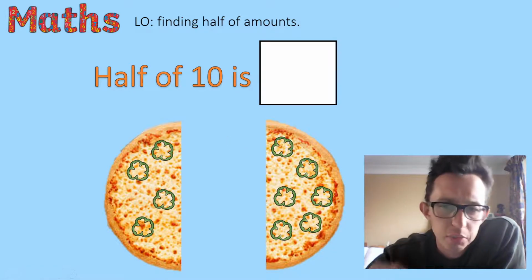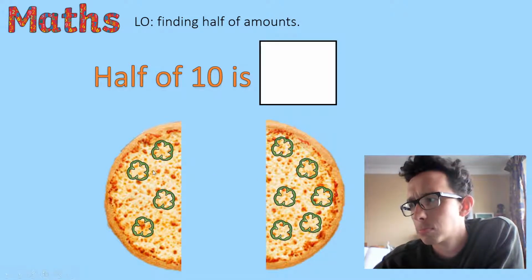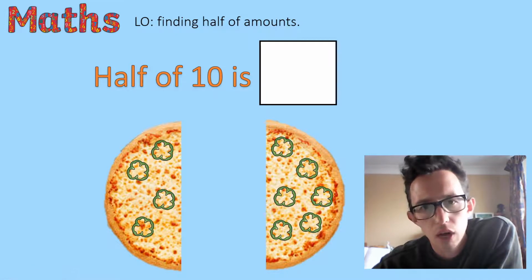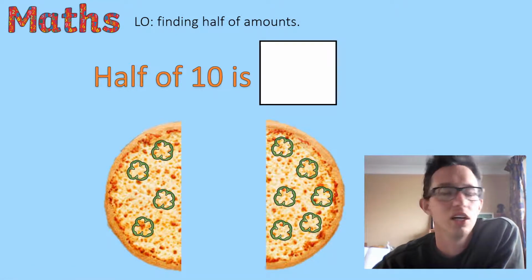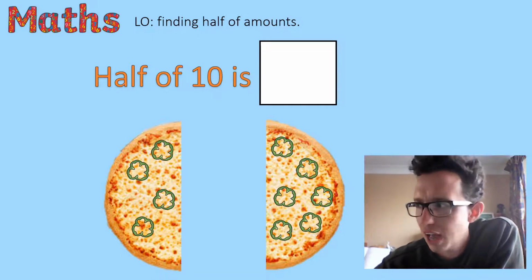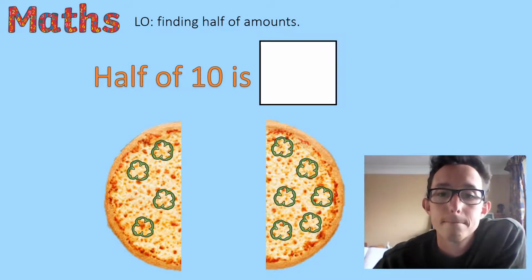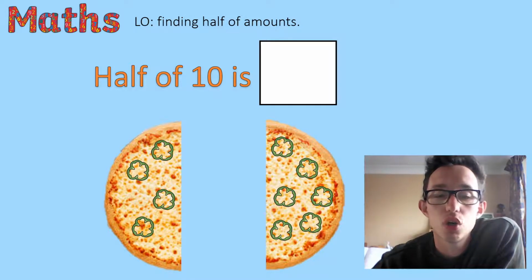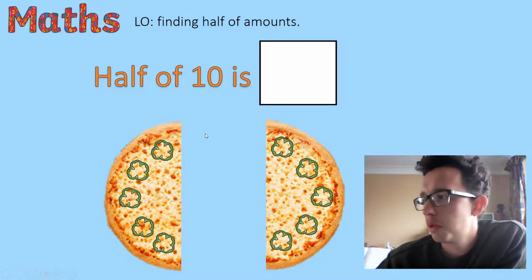Oh, looks like I've made a mistake because there are 6 on here and there are 4 on there. So that's not right because they are not equal. So it's not half because I haven't shared them equally between the 2 halves of pizza, have I? So what about that? I've moved them around a bit more.